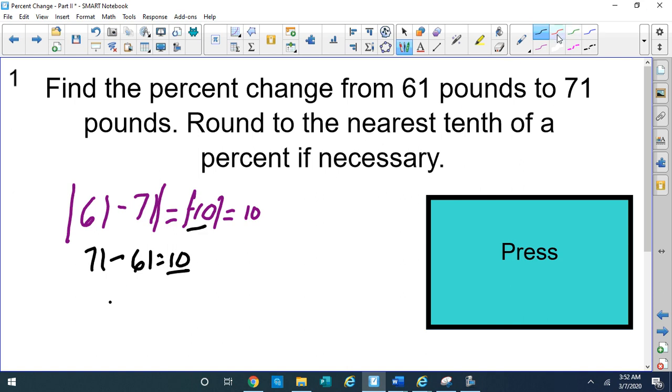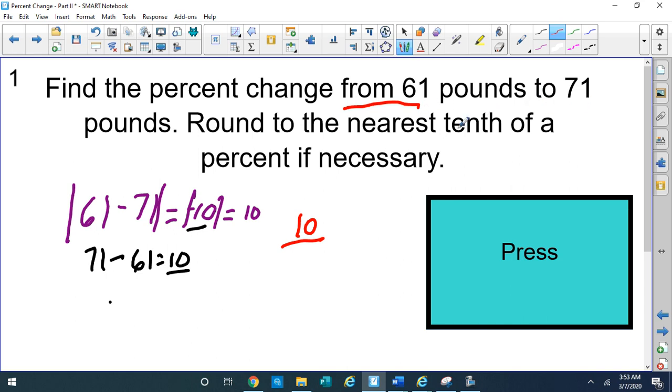So let's write a fraction. We're going to have 10. Now we have to divide that by the original number. The original number is usually indicated by the word from being next to it, because that's where it started from and went to a different number. This went from 61 to 71, so it increased.